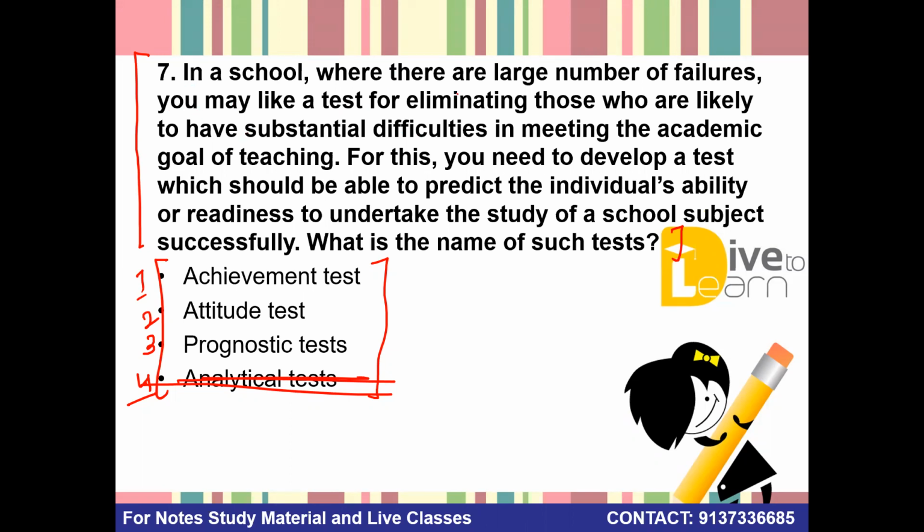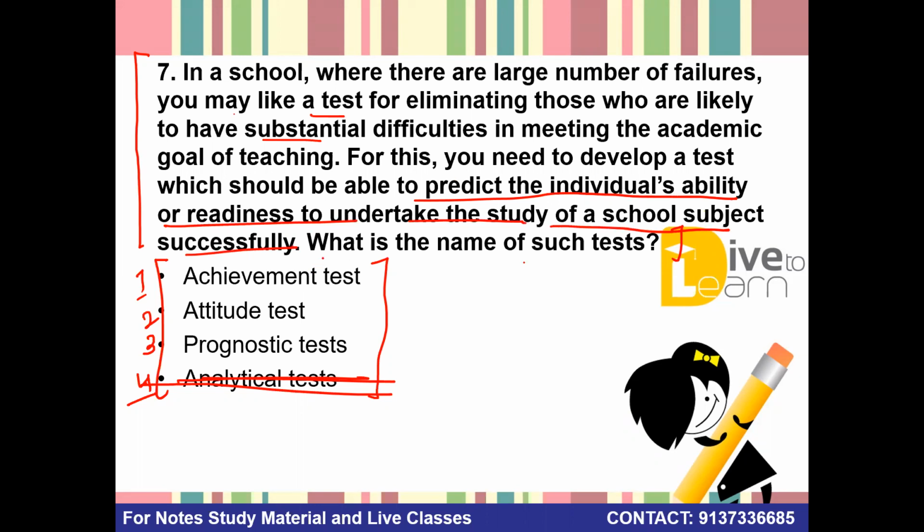In a school where there are large number of failures, you may like a test for eliminating those who are likely to have substantial difficulty in meeting the academic goal of teaching. For this, you develop a test which should be able to predict individuals' ability or readiness to undertake the study of a subject.